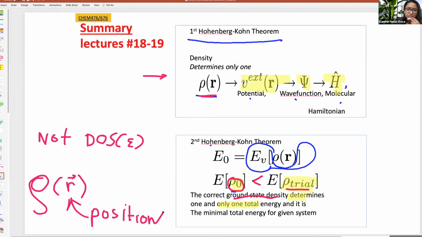And so maybe this density is the density of all electrons.